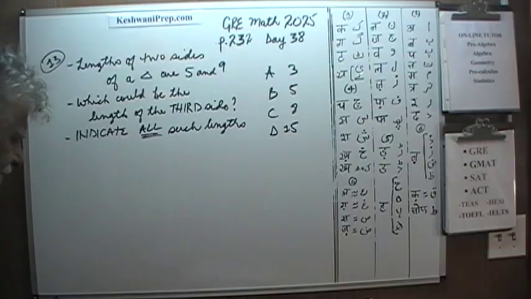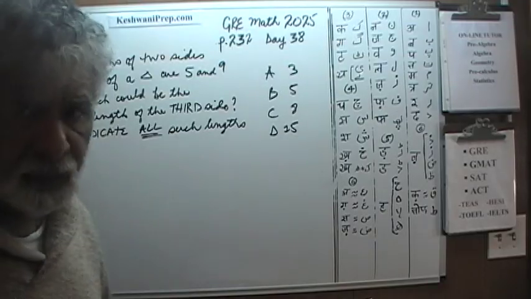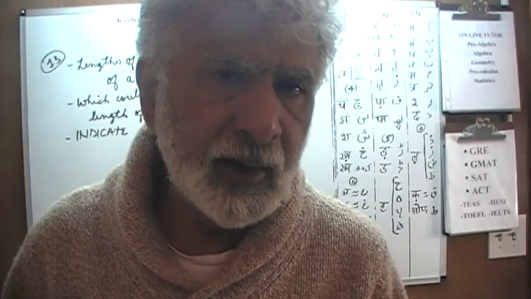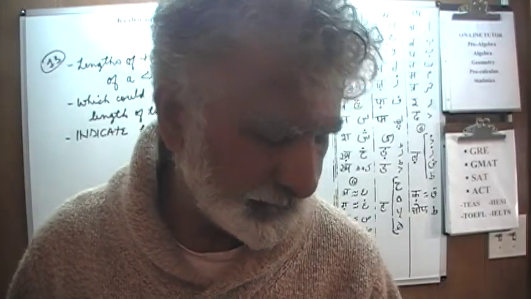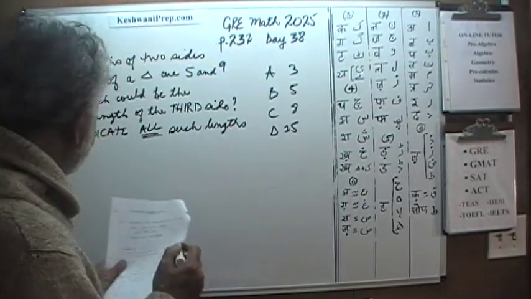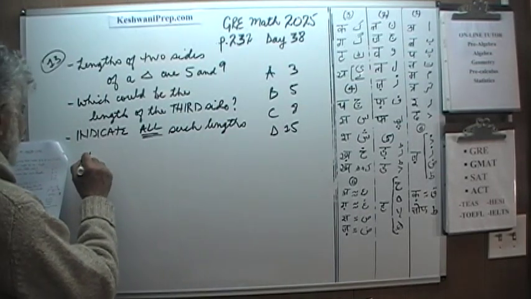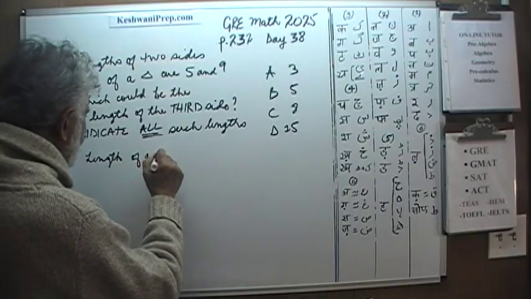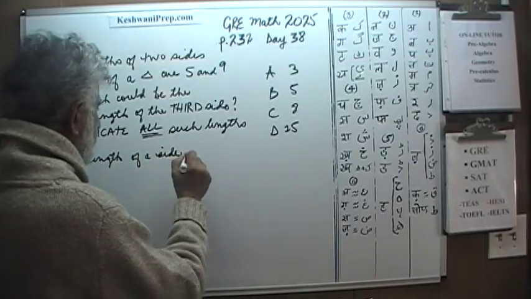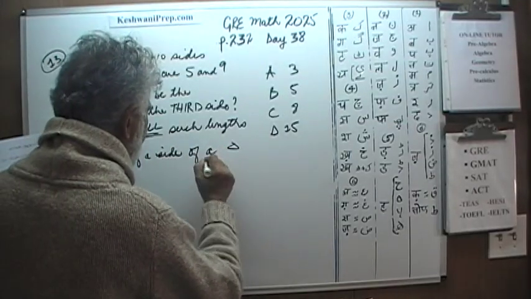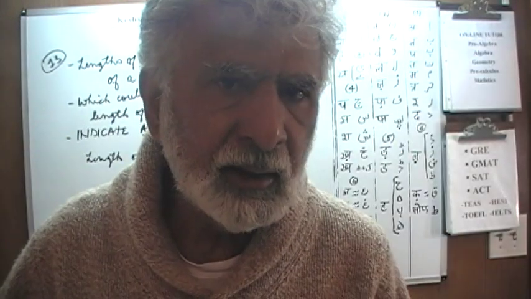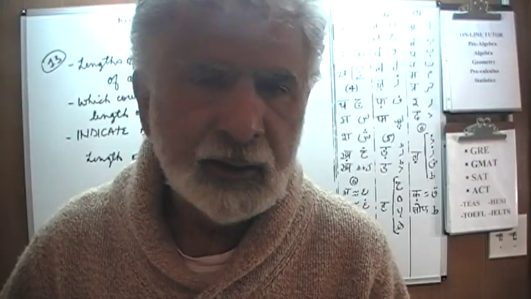Let's see what we can do. This question is testing a very elementary concept of a triangle, any triangle. And the concept is this: the length of a side of a triangle. It doesn't matter what kind of triangle it is, whether it is a right angle triangle, acute triangle, obtuse triangle, it does not matter.